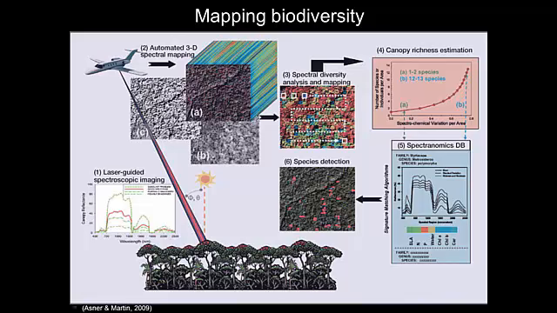So the spectral diversity is converted to plant species richness using statistical methods. Then the spectral signatures are also converted to chemical fingerprints using regression analysis.